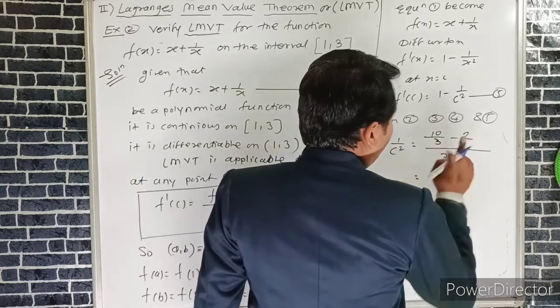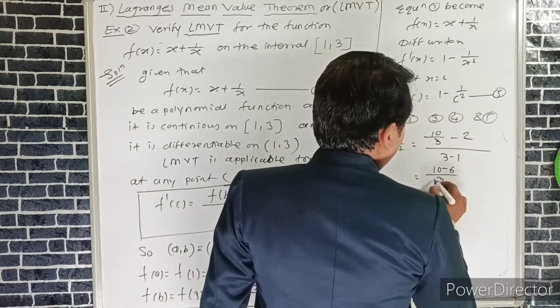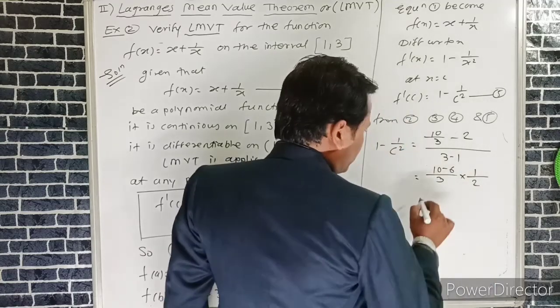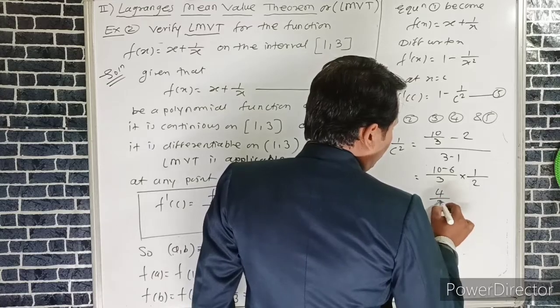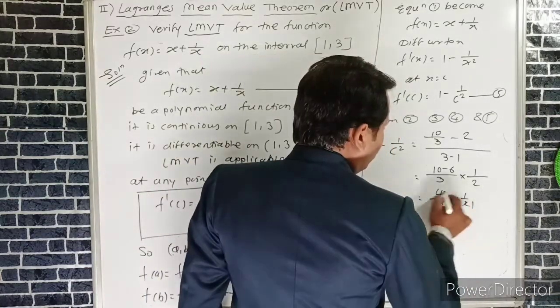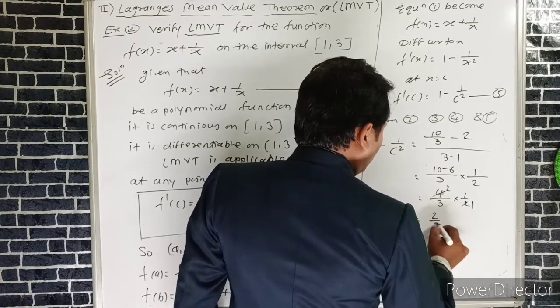If we take the cross product, we can write 10 minus 6 upon 3 into 1 upon 3 minus 1, which is 2. 10 minus 6 is 4, upon 3 into 1 by 2. 2 is 1, 4 is 2. So 1 minus 1 upon c square is equal to 2 by 3.